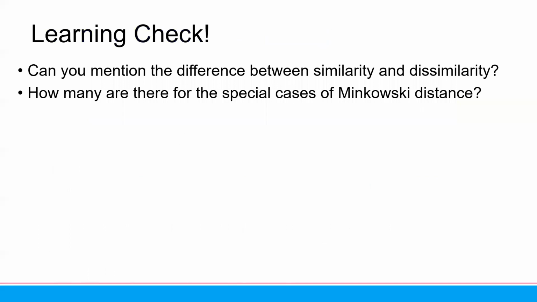So yeah, this section is about similarity and dissimilarity. I already explained the difference between similarity and dissimilarity. You can see it again from the first section. And then, yeah, how many special cases of Minkowski distance are there? Yeah, until now you have learned at least 3.